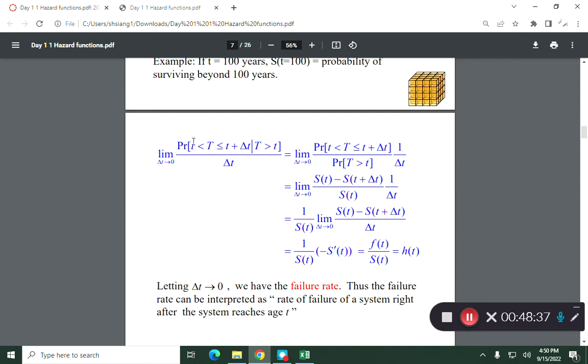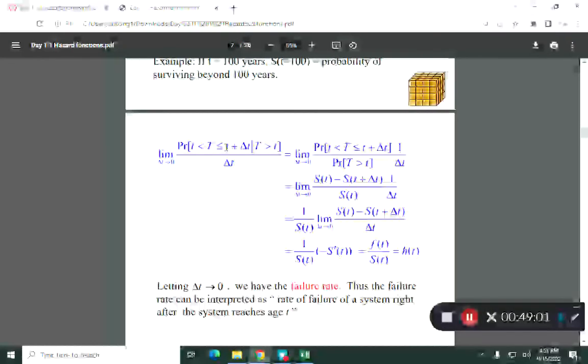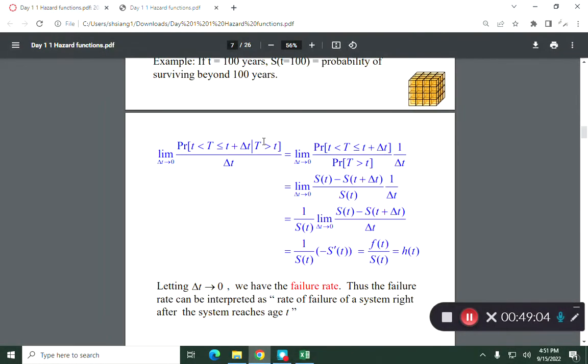If I want to talk about the failure event happening between t and t plus delta t, say a failure happening between age 31 and 31 plus 1 month, who can be qualified for that study? At least the guy must survive 31 years. If the guy died at 29, can you talk about this conditional probability? Because he's not there anymore.